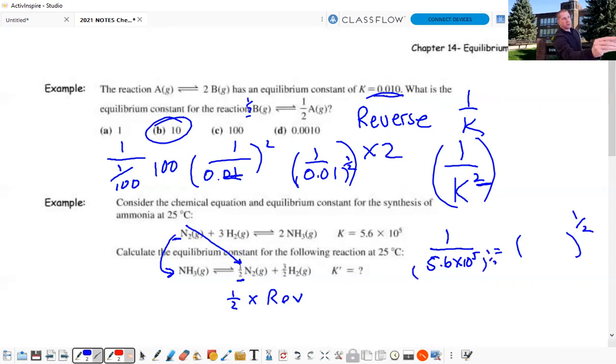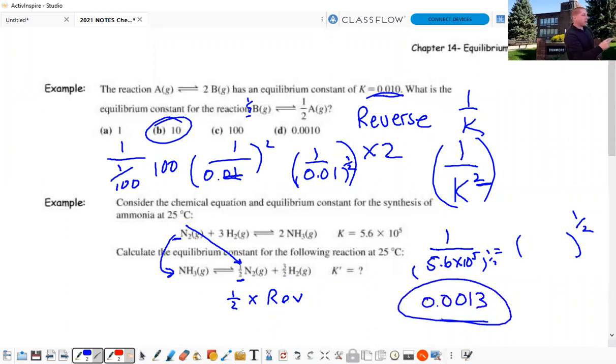Or you could do it all at once. Your choice. Again, you know how to do algebra. 1 divided by 5.6 times 10 to the 5th. And then raise that to the 1/2 power. So we get 0.0013 as the K value. So now which is, a value less than 1, reactants are favored, value greater than 1, products are favored.